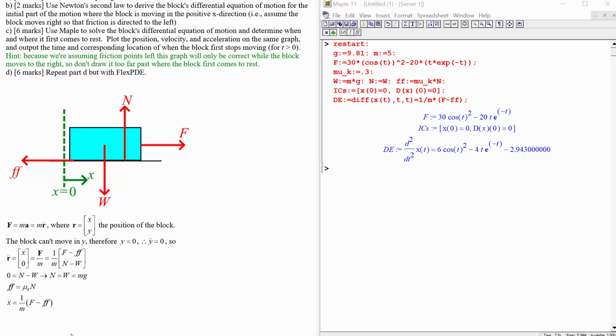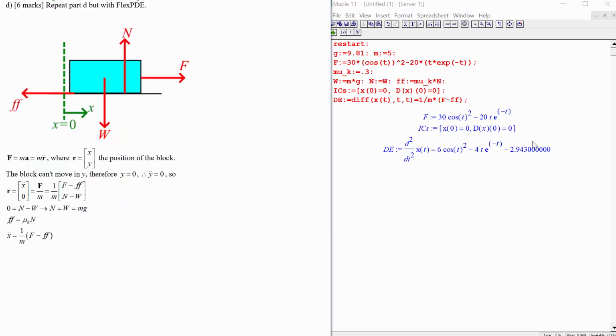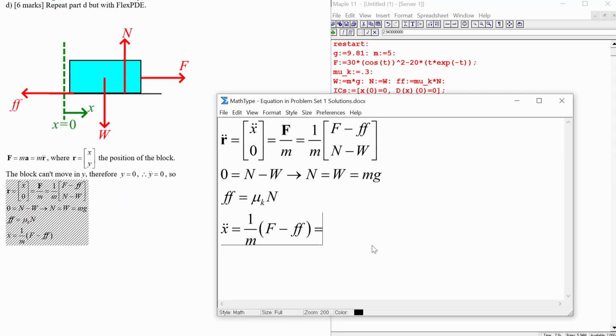Right, we divide back out the mass, so divided by 5. So 5 divided by 5 basically means that we've just ended up with g times 0.3. This is something we could also have checked by doing this substitution ourselves. So F over m minus FF over m, and let's also substitute in what FF is. FF is mu k N, and N is mg.